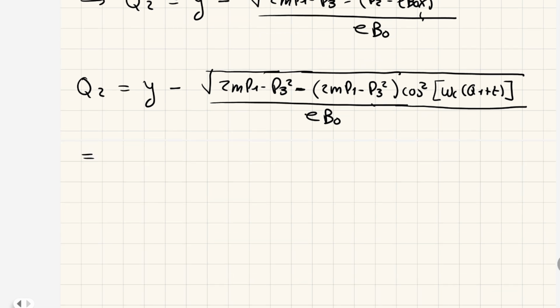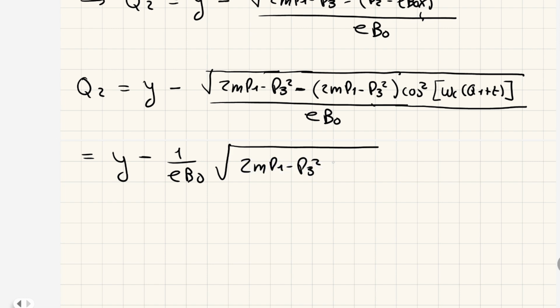Now it is easy to see that this is equal to y minus 1 divided by eB0, and then the square root of 2mP1 minus P3 squared that multiplies 1 minus cosine squared of omega c q1 plus t.